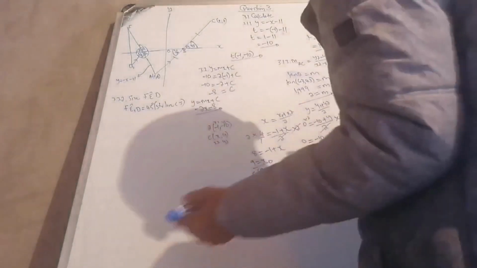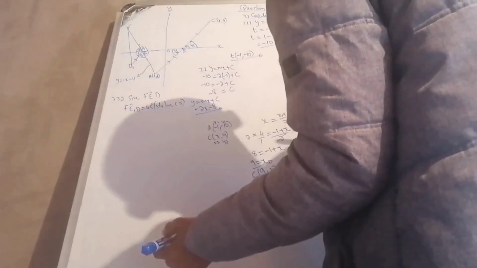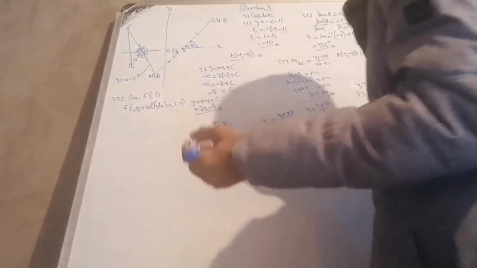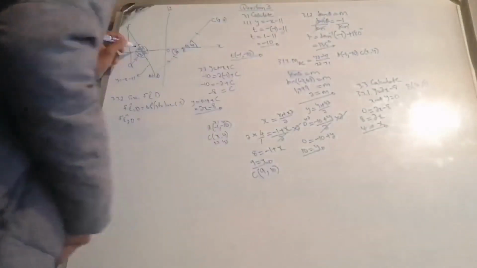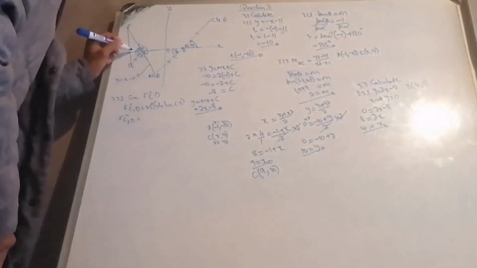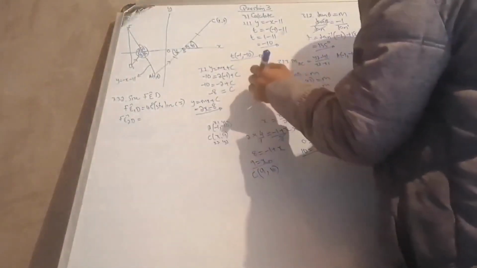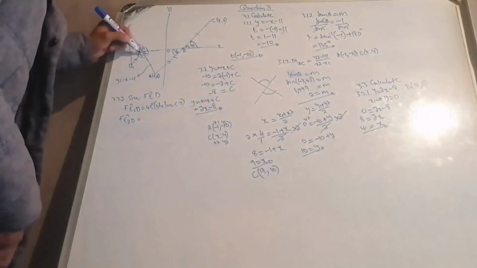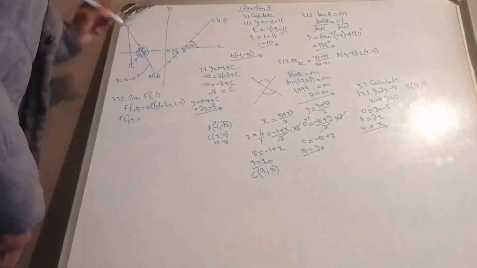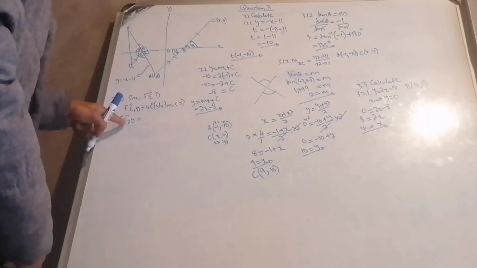So I know that E2, I'm going to call that E2. I know that FE2D must be equal to, I'm now speaking of this. Remember, when you have this angle equals that angle. So I'm saying that FE2D must be equal to 135 degrees.